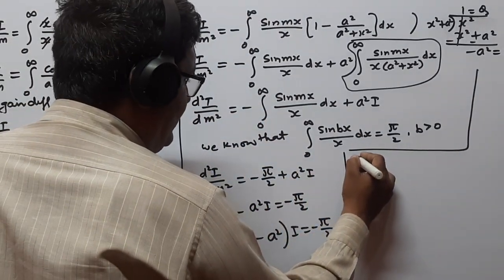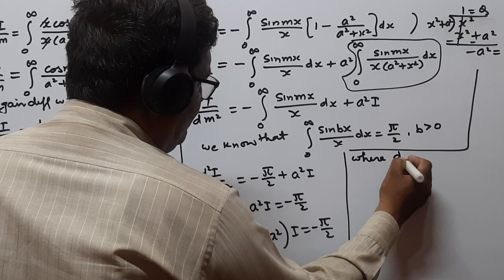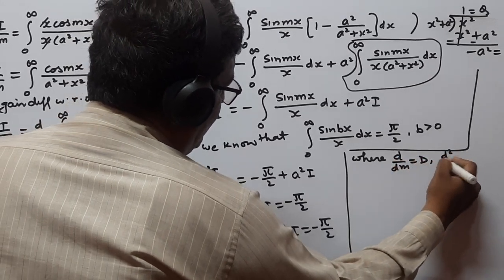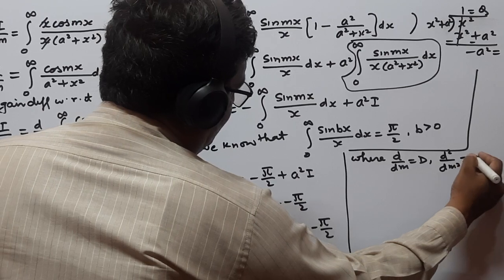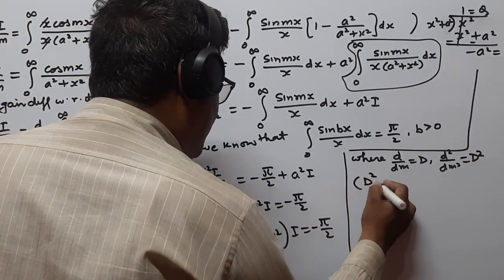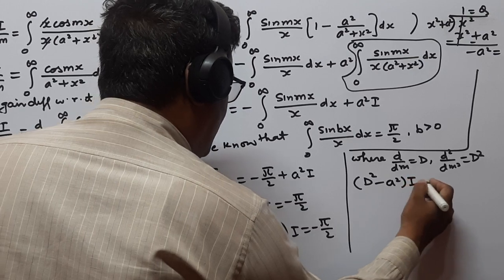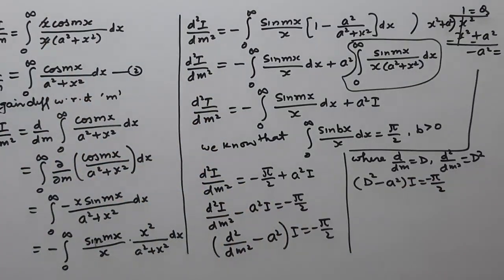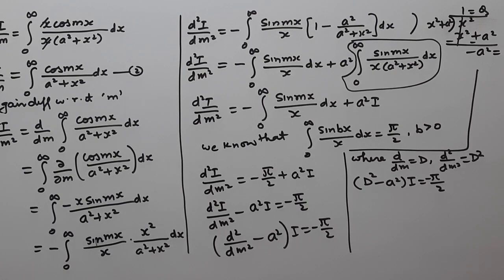Here we write d by dm is equal to capital D and d square by dm square is equal to capital D square. So this can be written as capital D square minus a square, I, is equal to minus pi by 2. You can see that this is the second order differential equation.